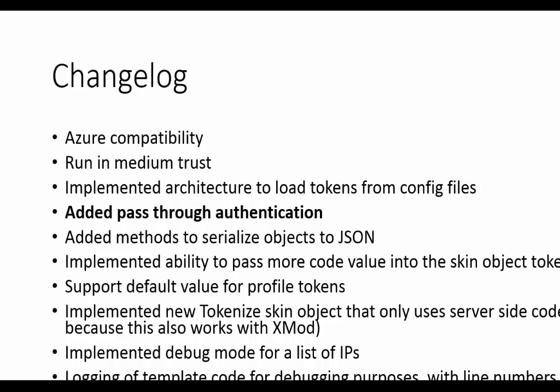Next, we added methods to serialize objects to JSON, and this is mostly for Razor scripts, because most of the time in Razor script you need to generate JSON data, so you need to pass it, for example, to JavaScript code.